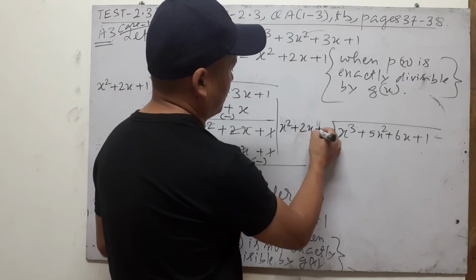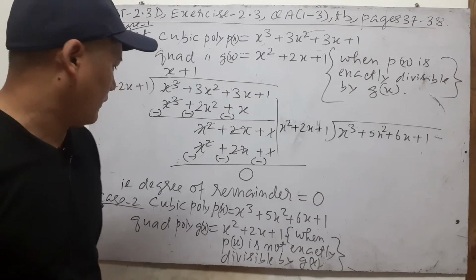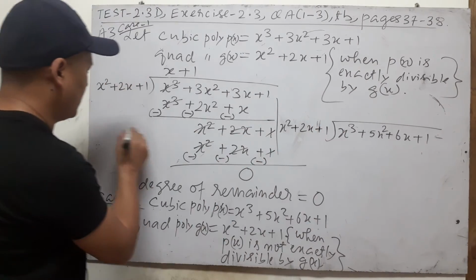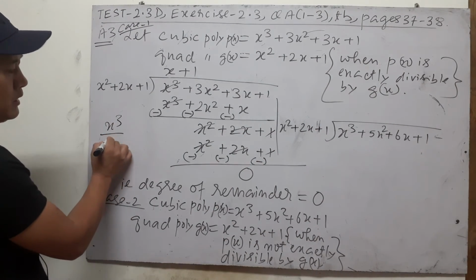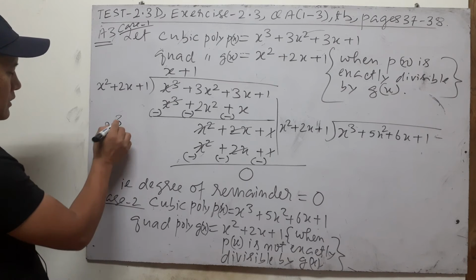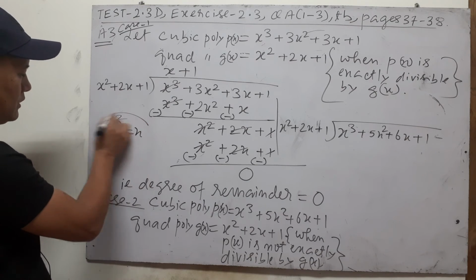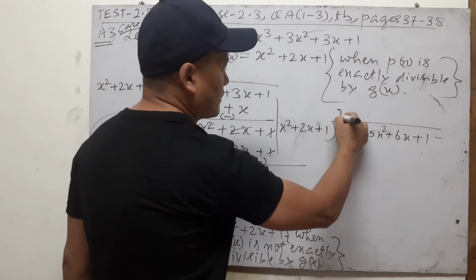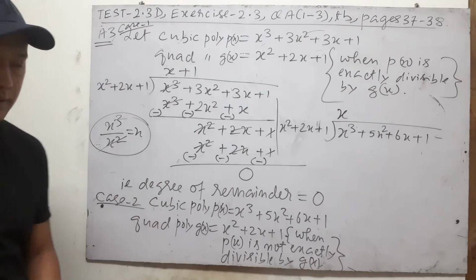Start dividing. The highest degree term of the dividend is x cubed, divided by x squared. 3 minus 2, 1 left, so x is left. First term of the quotient will therefore be x.